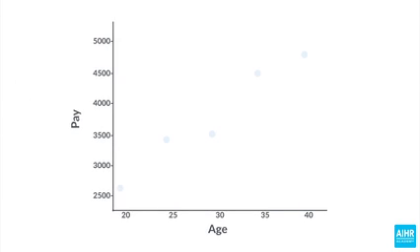Now this is a nice overview of the relationship between age and pay. You see 5 people of 20, 25, 30, 35 and 40, and you see what they're paid. Can you, based on these data points, assume a relationship between age and pay? To do that you can draw the regression line, which would look something like this.